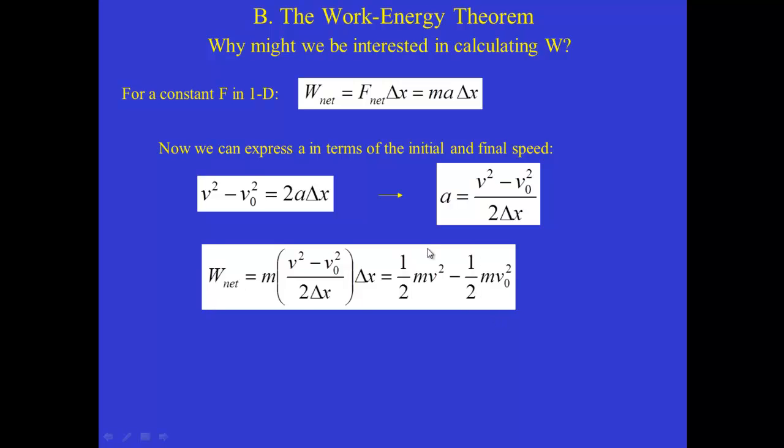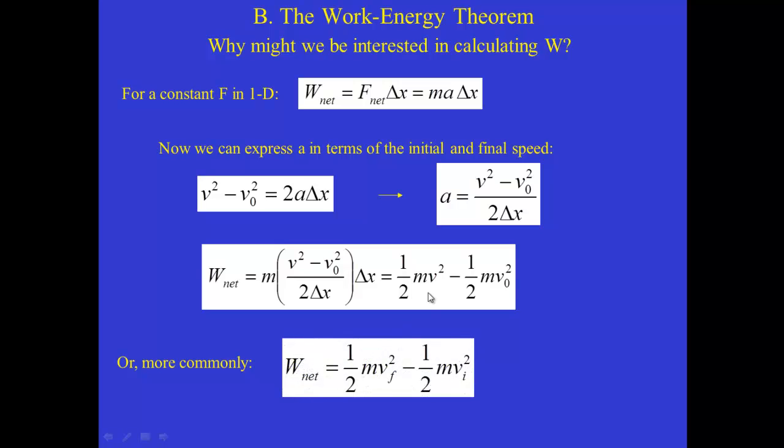So the net work is equal to the difference between something that depends on the mass and the final speed, and something that depends on the mass and the initial speed. And usually, instead of using just v and v0, we make it explicit which one is which by writing this expression as 1/2 m v final squared minus 1/2 m v initial squared.